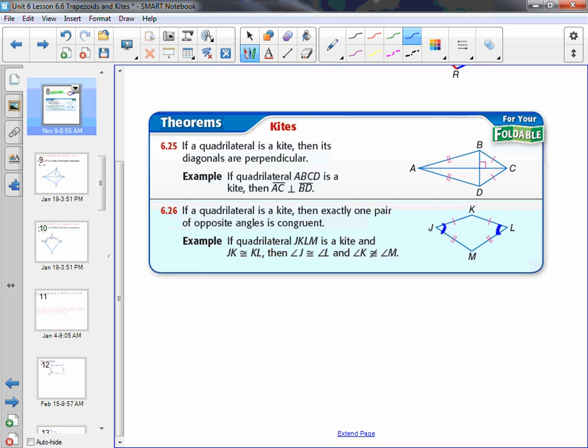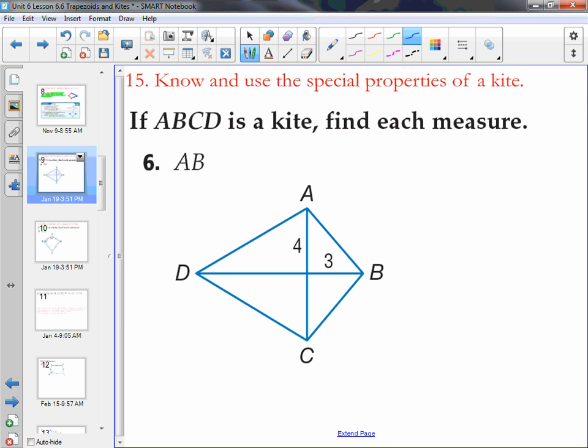All right. Let's see if we can use them though. If we can use them, we'll be in better shape. So number 6. If ABCD is a kite, find each measure. They want us to find the length of AB. I'll call it X, just to have something to call it. What do we know about the diagonals of a kite? Perpendicular.